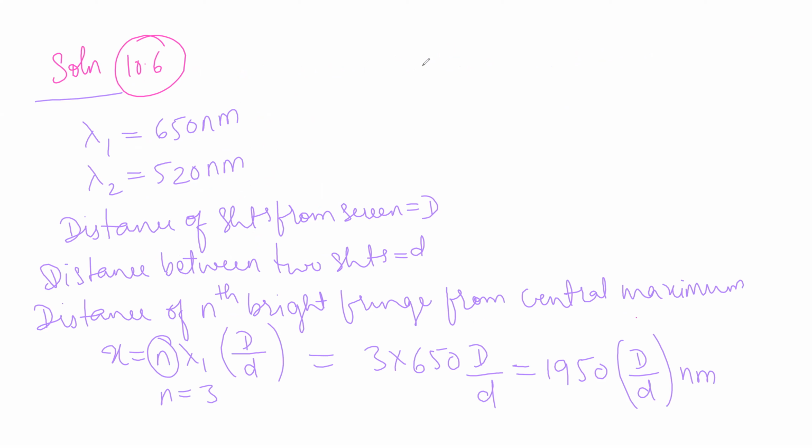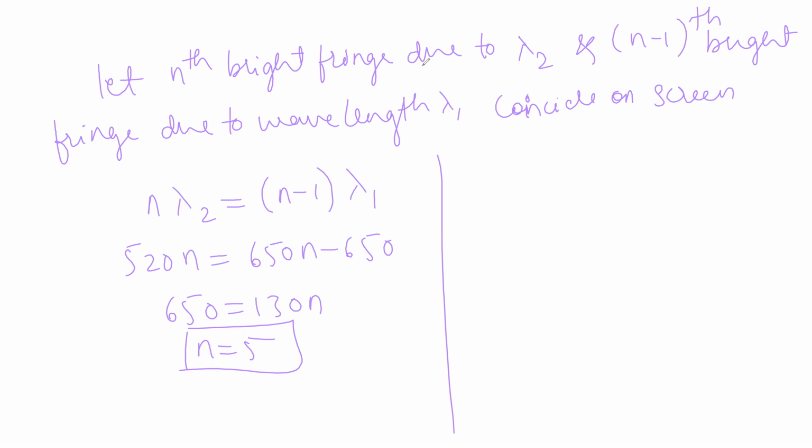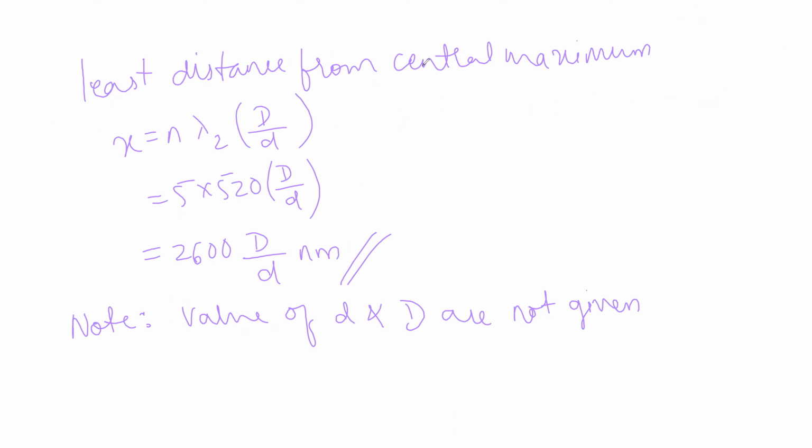We got n value as 3, and the nth bright fringe due to wavelength lambda 2 and the n minus 1th bright fringe due to wavelength lambda 1, if they coincide on the screen, we get n value as 5. Then by using those, the least distance from the central maximum we calculated by using the formula x is equal to n lambda 2 into capital D divided by small d. Since the values of small d and capital D are not given, we did not substitute those values.